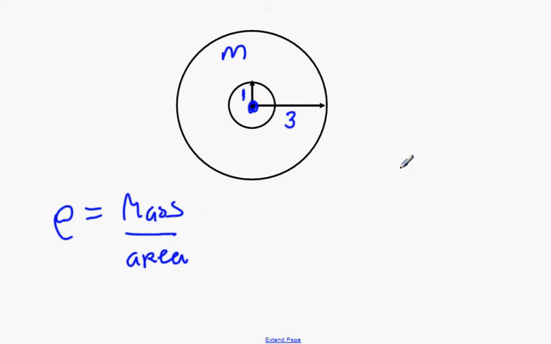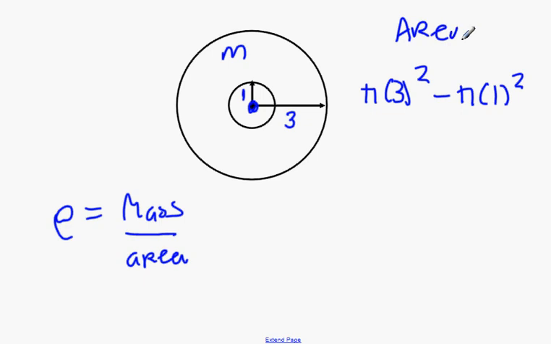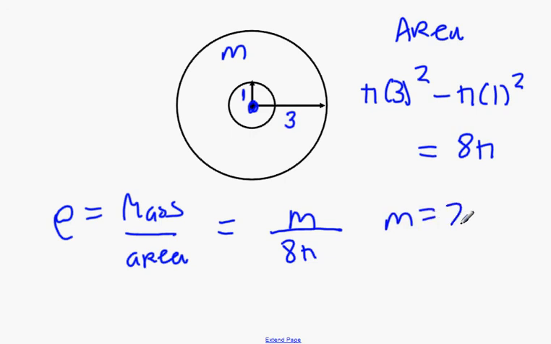It's the area of the big circle minus the area of the small circle. So it's pi times 3 squared minus pi times 1 squared. Therefore its area is 8 pi, and its mass is still m. This means that m equals 8 pi rho.